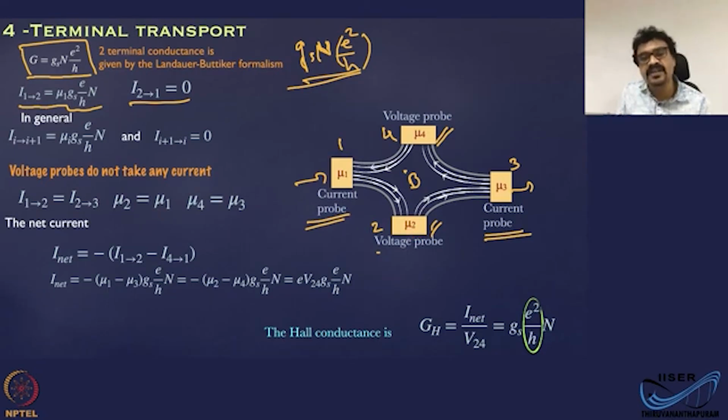It cannot change anything. What that means is this should follow whatever the chemical potential is at 1. Similarly, 4 should follow the chemical potential here because this is shorted. There is no resistance for these edge channels, as we already discussed.